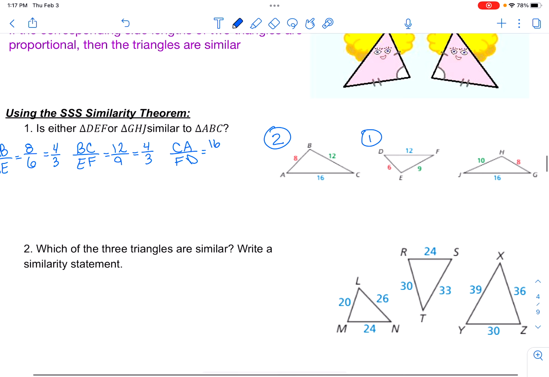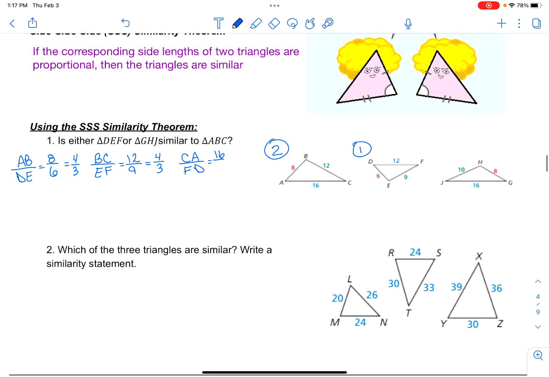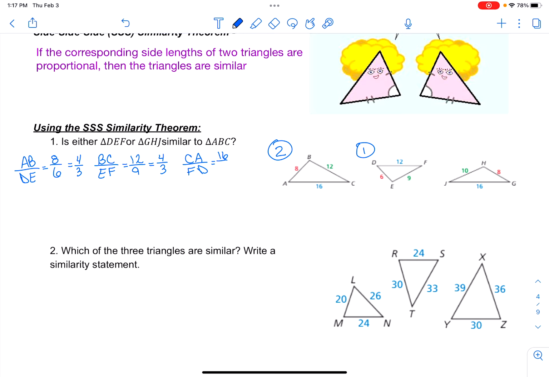CA is 16 and FD is 12. 4 goes into 16 4 times and 12 3 times. So notice for the 3 sides of these triangles that we did, 4/3 was our proportion. So automatically we know for sure that triangle DEF is similar to ABC because all 3 sides had the same proportion.